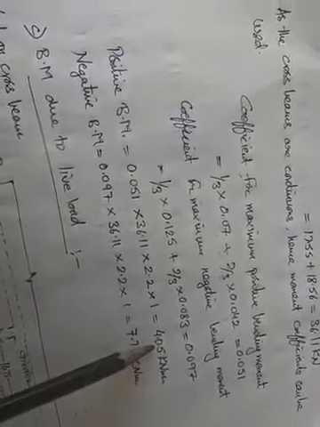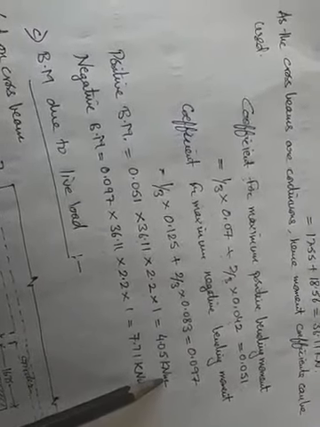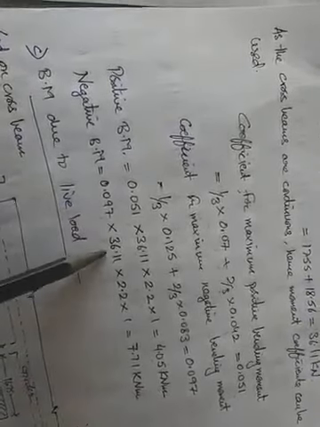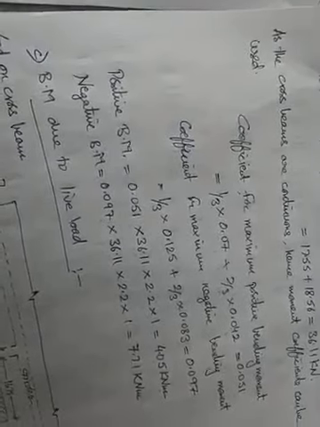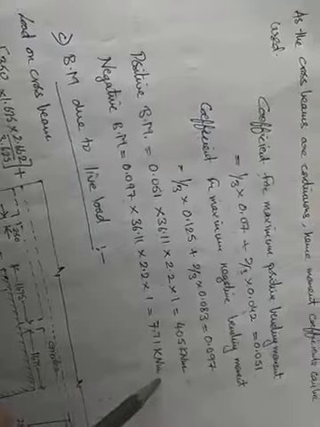So this gives me 4.05 kilonewton meter as the positive bending moment. For the negative moment, using the negative bending moment coefficient, the same 36.11 into 2.2 into 0.097 gives me the negative bending moment. So this is the positive bending moment and this is the negative bending moment due to the dead loads.